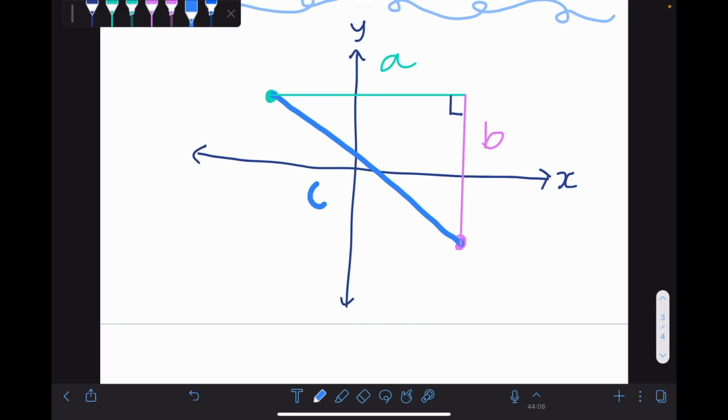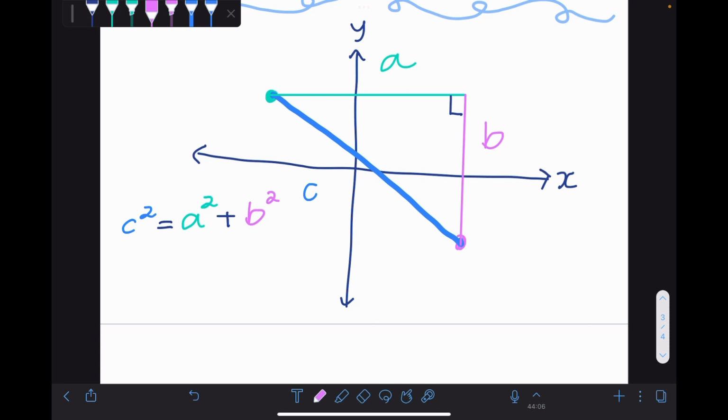Okay, and we know from previously that the Pythagoras formula is C squared equals A squared plus B squared. I might even do it in the colors, hey. So Pythagoras, C squared is equal to A squared plus B squared.